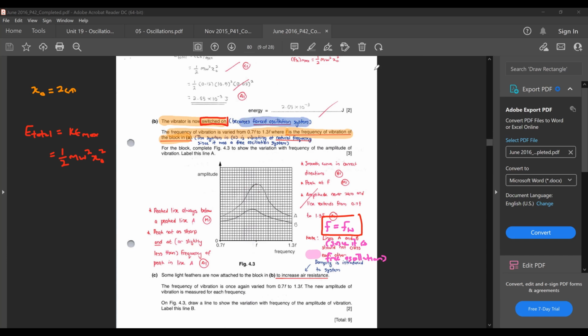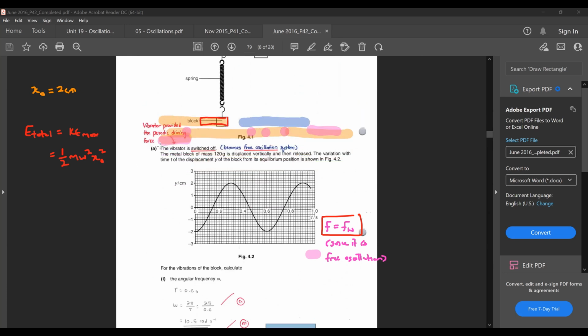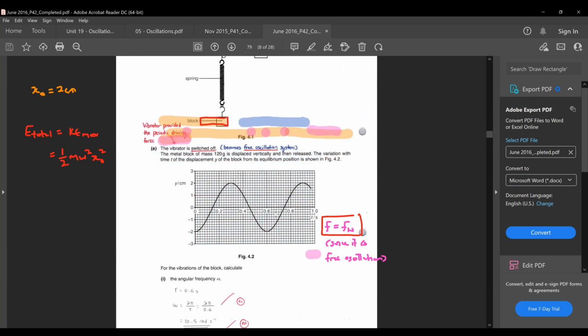They mentioned that the frequency is varied from 0.7 F to 1.3 F, where F is the frequency of vibration of the block in A. So the block in A is this one here. But in A just now, I mentioned specifically that this part is where your vibrator was switched off.